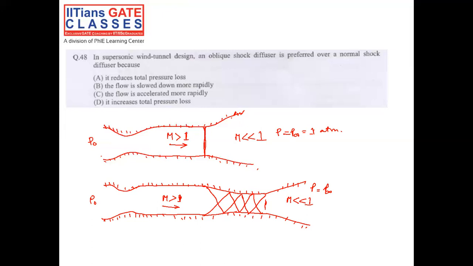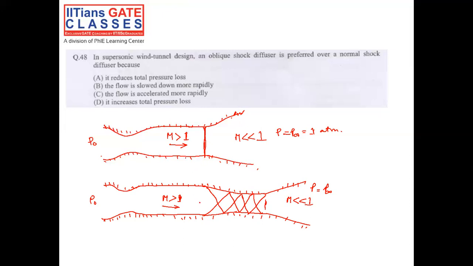If we compare the case where the flow is decelerated by a normal shock with the case where deceleration takes place across multiple oblique shocks ending with a terminating normal shock, the pressure loss across the oblique shocks is always less compared to a normal shock.